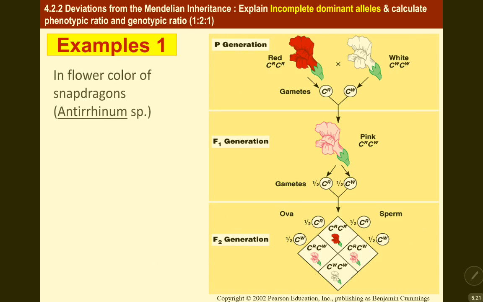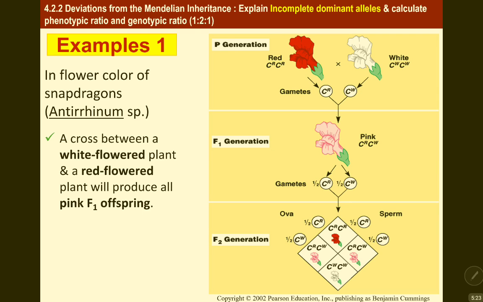Okay, so an example here, in the snapdragon flower, Antirrhinum species, when we cross a red flower with a white flower, the genotypes are CRCR and CWCW, homozygous. The first generation here shows pink color instead. So the heterozygous case here, CRCW, is not showing red, not showing white, but showing an intermediate color.